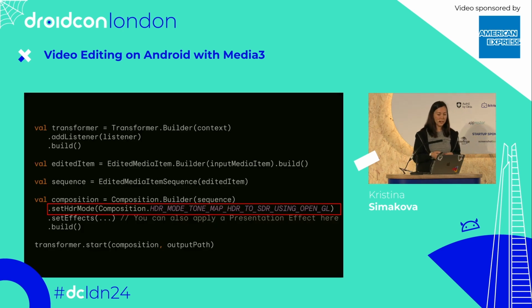Here you can see that we set the HDR mode on the composition to tone map HDR to SDR using OpenGL. On API levels 33 and up, Transformer tries to retain HDR data, but if that's not possible, we'll fall back to HDR to SDR tone mapping. We also have an option to do tone mapping with MediaCodec.